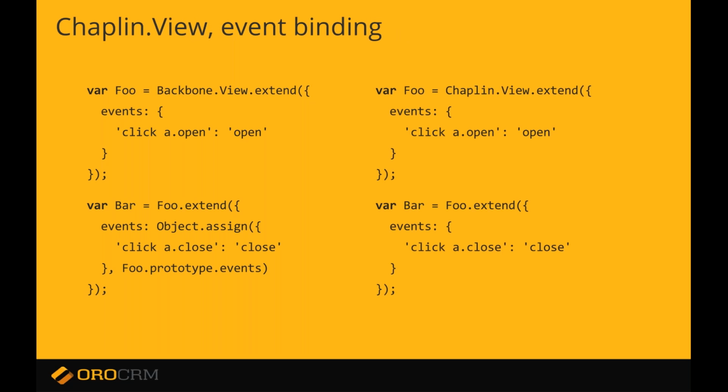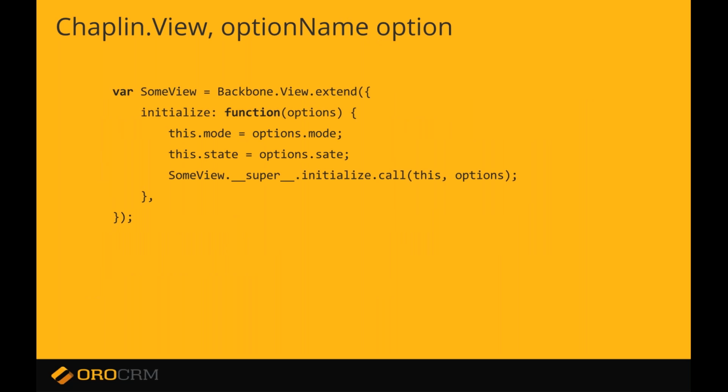In Chaplin, we don't need to do it because it is done automatically by Chaplin. So we can define handlers only for foo, and once we extend bar from foo, we can define all handlers for bar. And both handlers will be executed once one or the other events happen. So it's also quite useful.